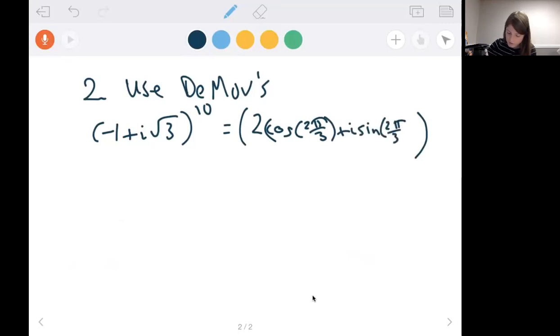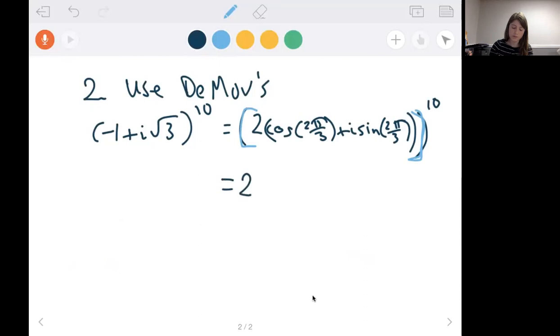Now, these parentheses are a little bit tricky with our nested parentheses, but we're raising all of that to the 10th power. Maybe we should use some brackets. All of that gets raised to the 10th power.